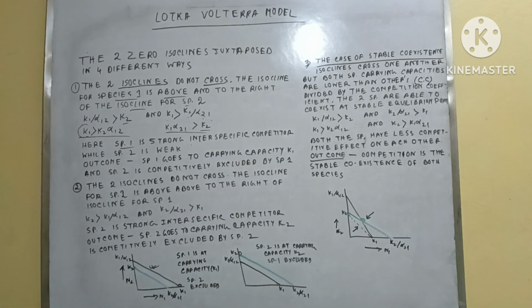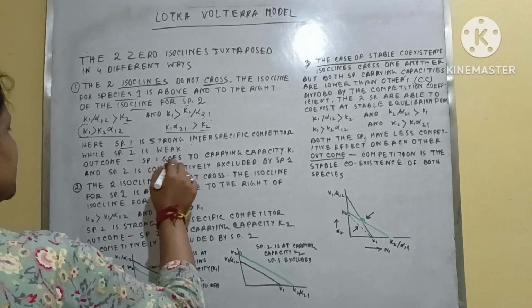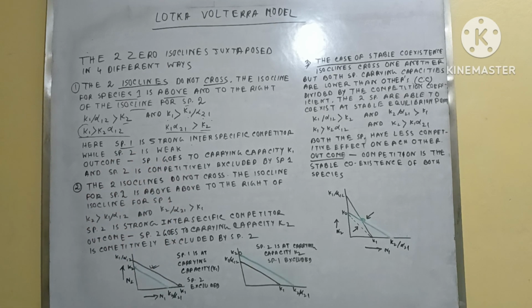So what is the outcome? Species 1 goes to carrying capacity K1 and species 2 is competitively excluded. Clear? So whose carrying capacity goes on?